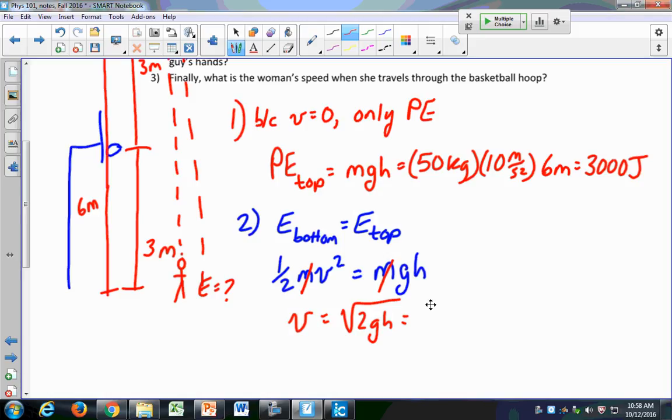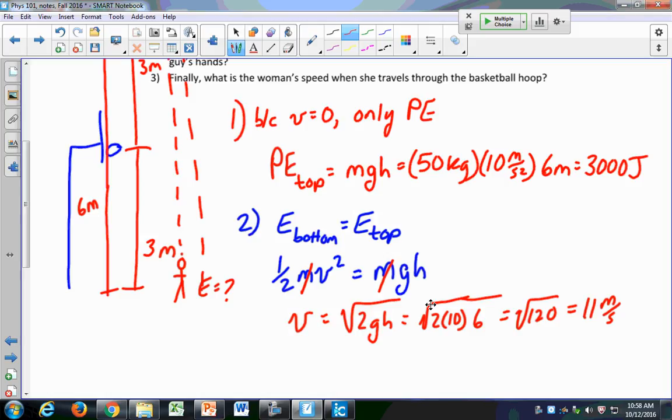And so that is equal to the root of 2 times 10 times 6, the square root of 120, which you know is about 11. Isn't that right? Yeah, it's about 11. Yeah, 11 meters per second.